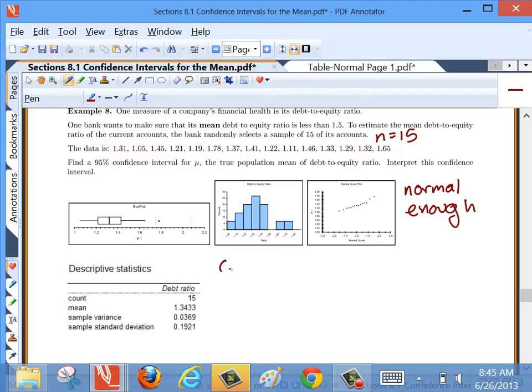Let's find our critical point. Degrees of freedom is n minus 1, so 14. And area in the right tail is what?